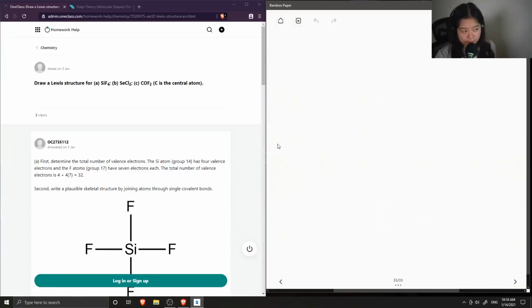Okay, so question number 3 says to draw the Lewis structures for A, B, C. So let's do the first compound. We first need to find the total number of valence electrons.